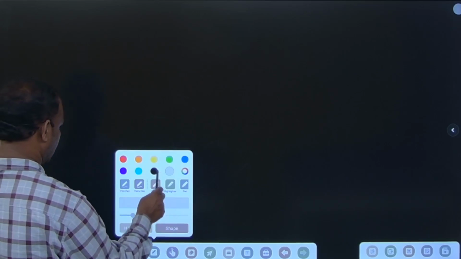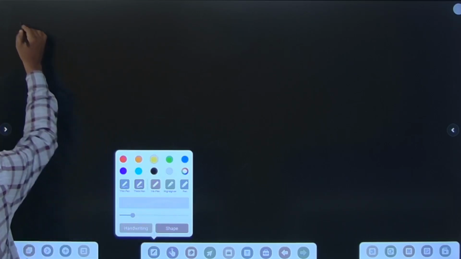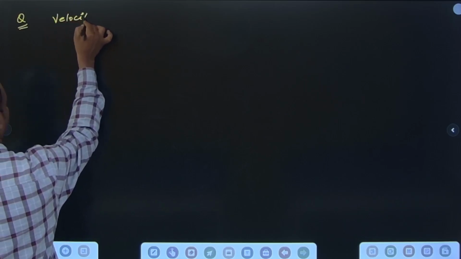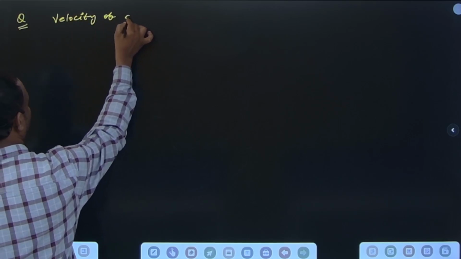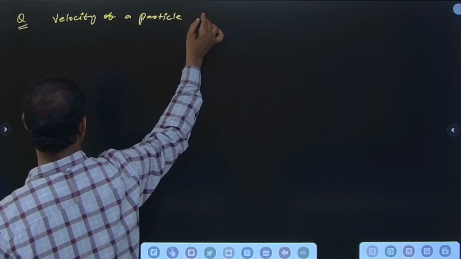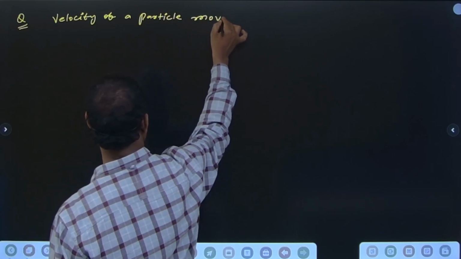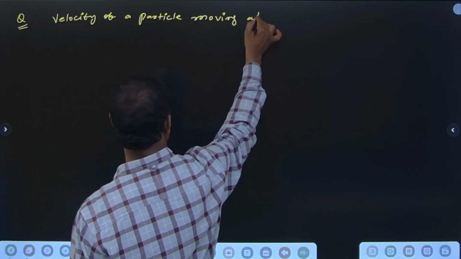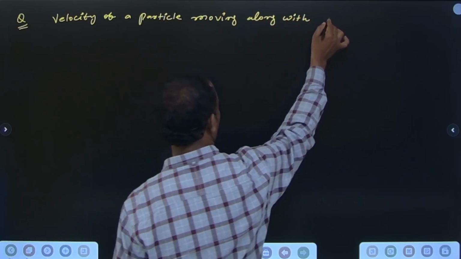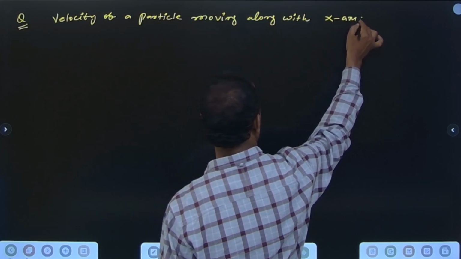The question is about the velocity of a particle moving along the x-axis.